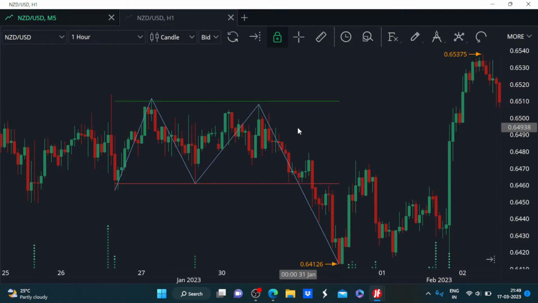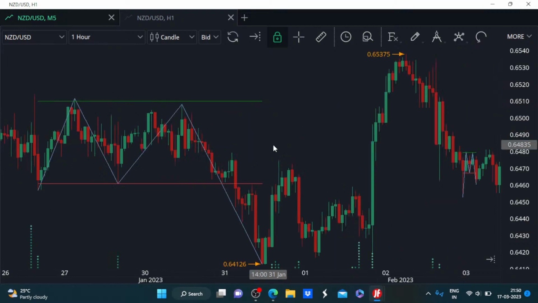So whenever you see the pip value on both the target side as well as the stop side increasing because of the increased time frame, it is better to reduce the lot size and trade while keeping the risk reward ratio totally in our favor. If you happen to get the trade right, you should be making money. And if you happen to get the trade wrong, you shouldn't be losing too much money.